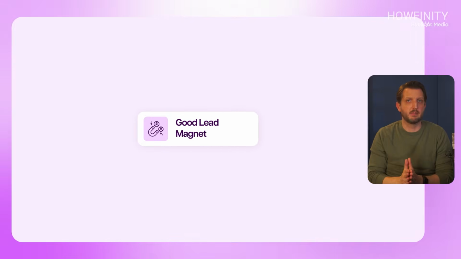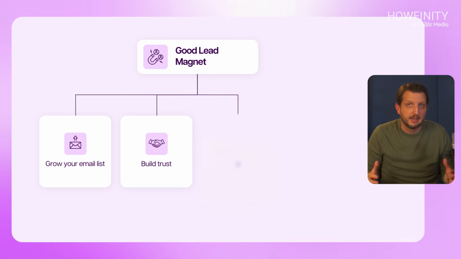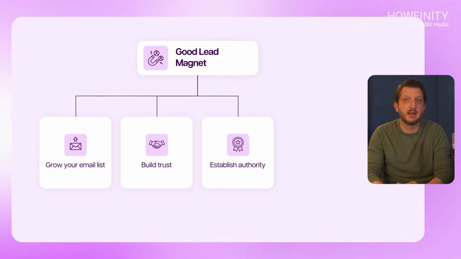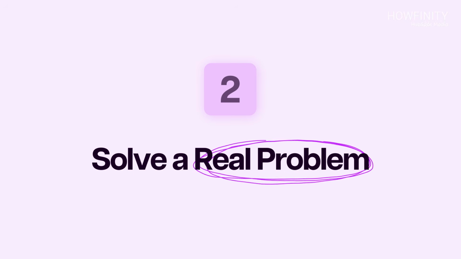So a good lead magnet helps you grow your email list, build trust, establish authority, and generate future sales. And if you can align all of those things, you have a home run when it comes to your lead magnet.